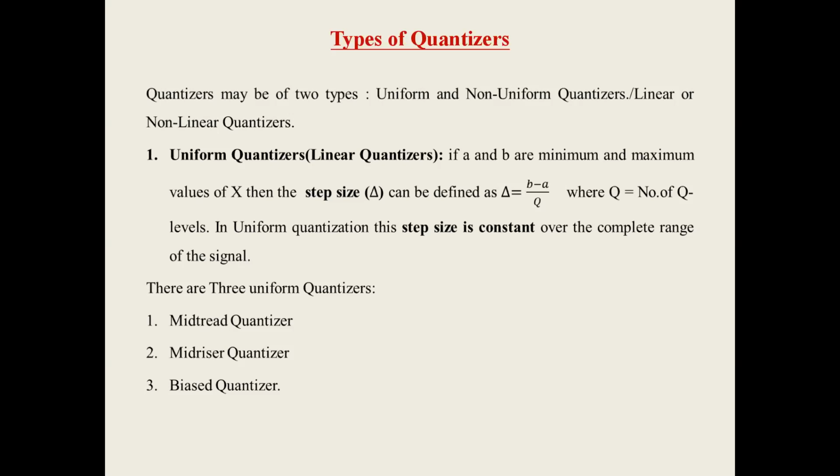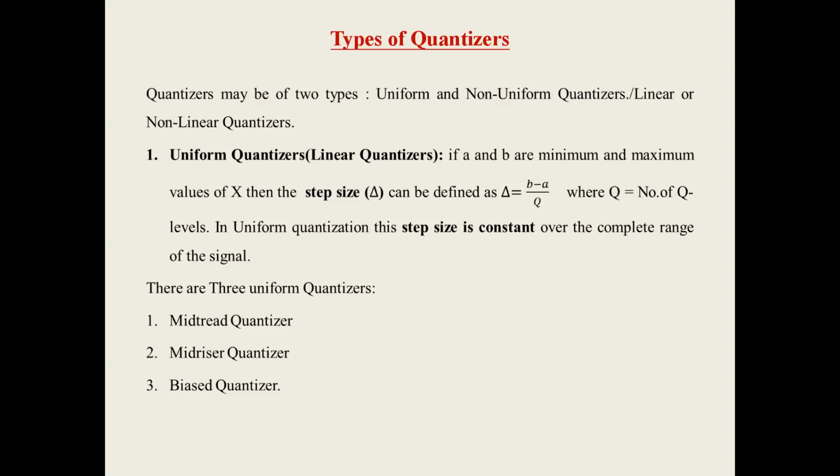And these three are uniform quantizers: the mid-tread quantizer, the mid-riser quantizer, and the biased quantizer. For these three uniform quantizers, you will see the transfer characteristics of the mid-tread quantizer, similarly the mid-rise quantizer and the biased quantizer.